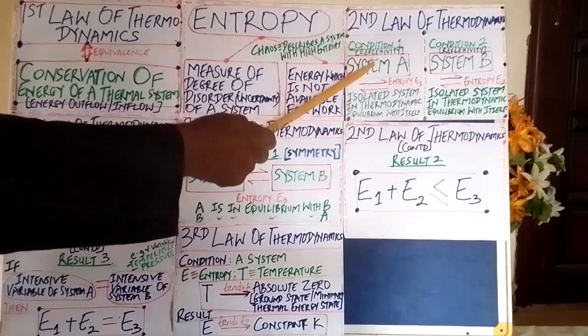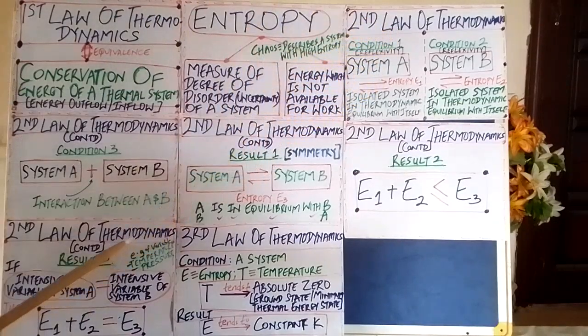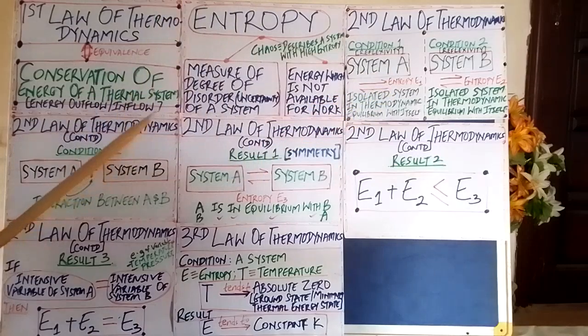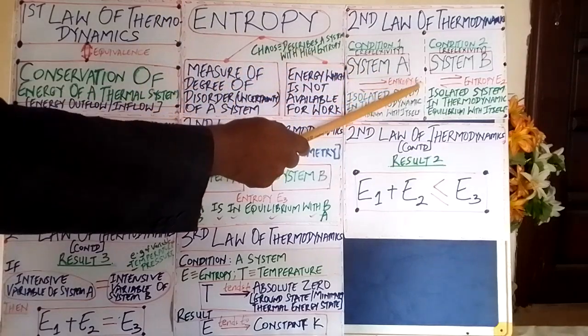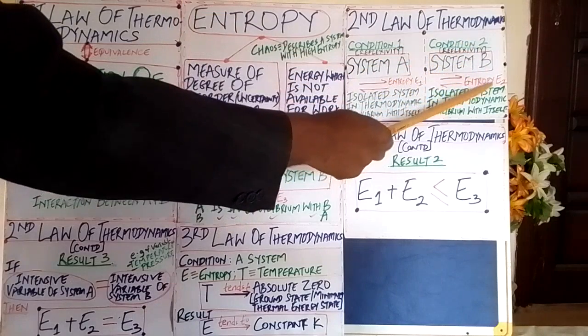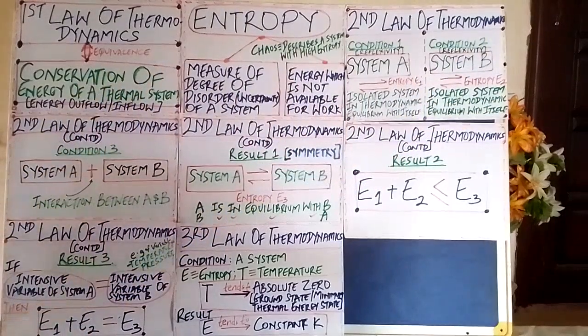So you have system A, that's condition 1 for the second law of thermodynamics. A is in thermodynamical equilibrium with itself, and it has the entropy E1. B is also in thermodynamical equilibrium with itself, it has entropy E2.